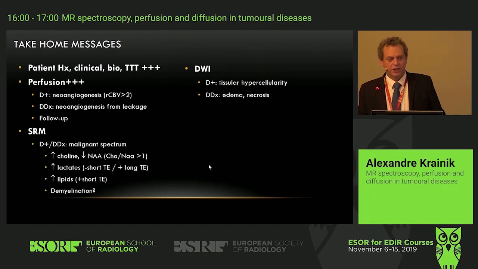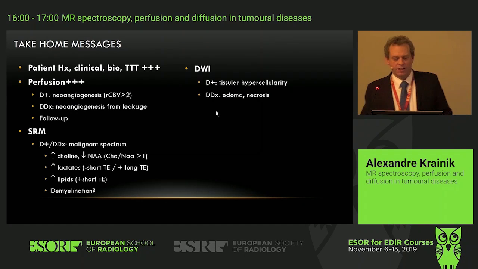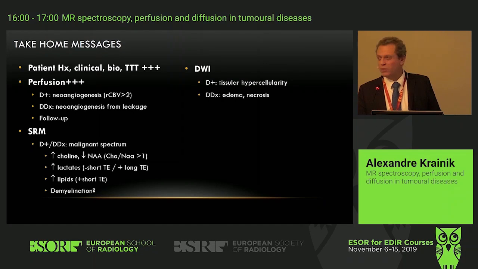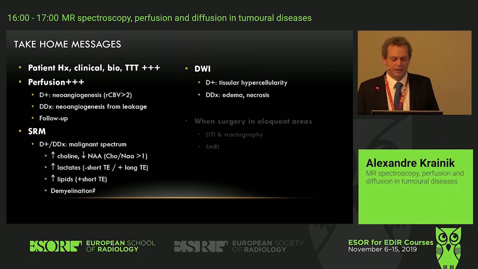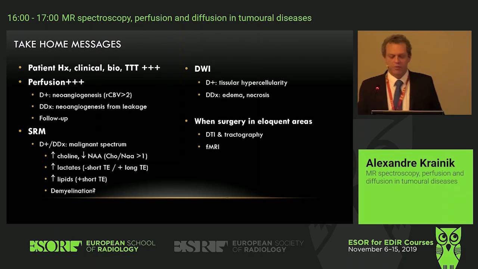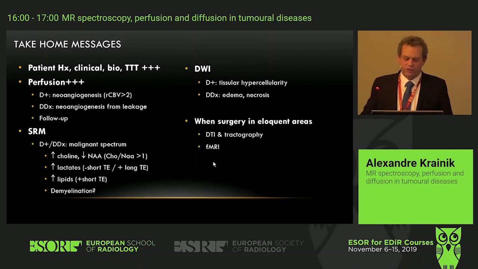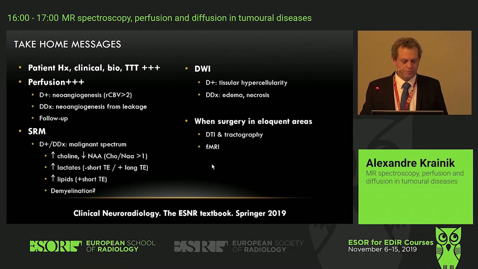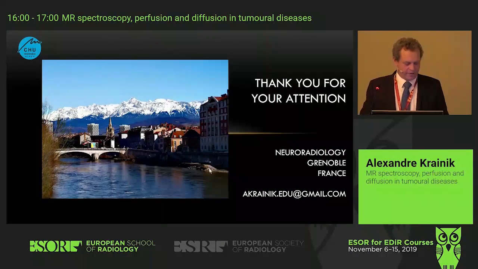Diffusion imaging is very interesting to try to identify highly cellular lesions, like lymphoma, for instance, the rim of glioblastoma, germinoma, and so on. And when surgery is in an eloquent area, when you have a neurosurgeon ready to go into an eloquent area, then okay, you can try to do functional MRI and tractography. Okay, then thank you for your attention.